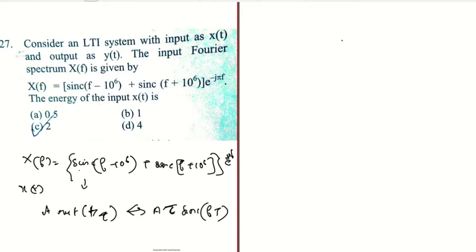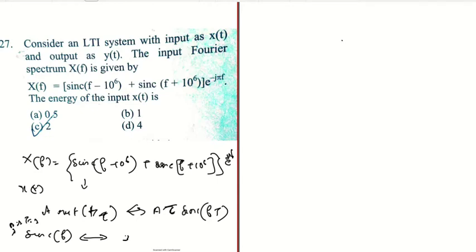First of all, this is sinc(f). I am just going to take sinc(f) only, then we will take the shifting into consideration. For sinc(f), our A is 1 here and our T is also 1. So our amplitude is 1 as well as our time period is 1.